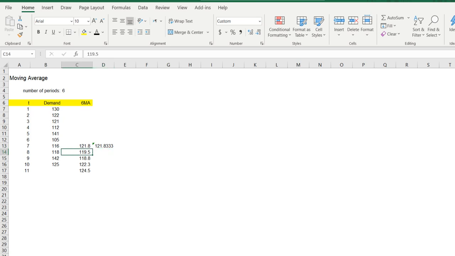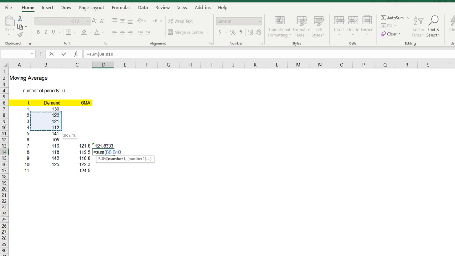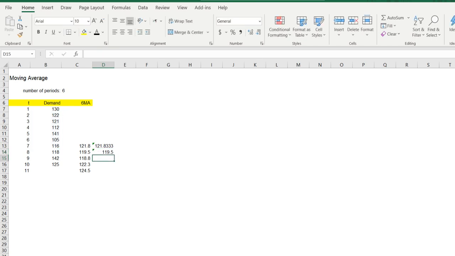How is 119.5 calculated? We're going to add the next 6 numbers, 1, 2, 3, 4, 5, 6 numbers, these, and then divided by 6. You see that? So on and so forth. If I just copy this, you're going to see these numbers. There you go. See how that happened? So if I were to do it by hand, that's how you would do it.